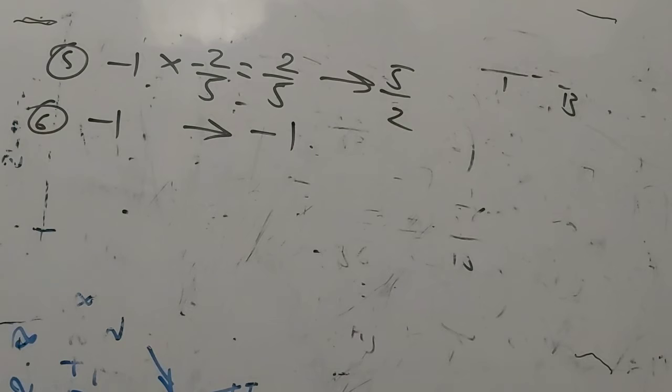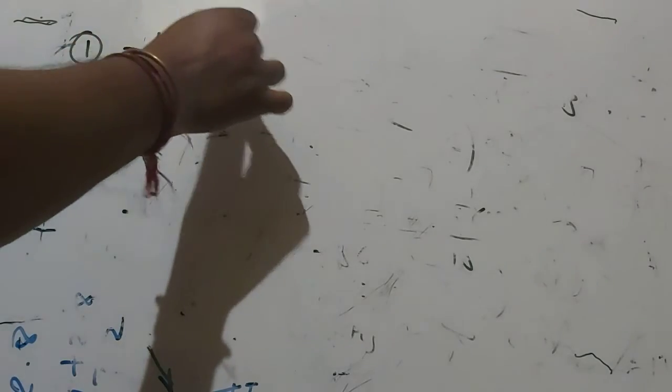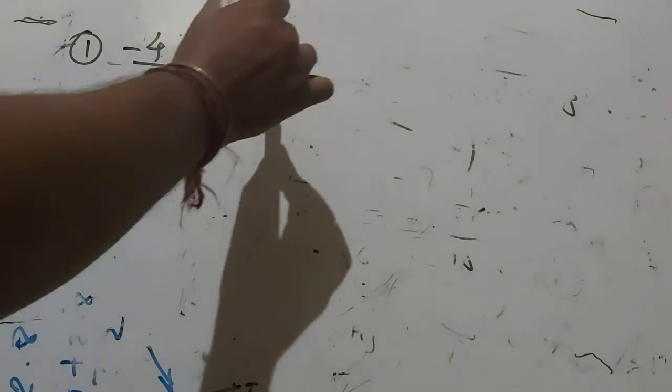Now question number 5th. Name the property under multiplication used in each of the following. So first of all, we will see this one. Under multiplication they have told. I will write the question. Many students, I think so, they have not purchased the book, so I will write for them this question.